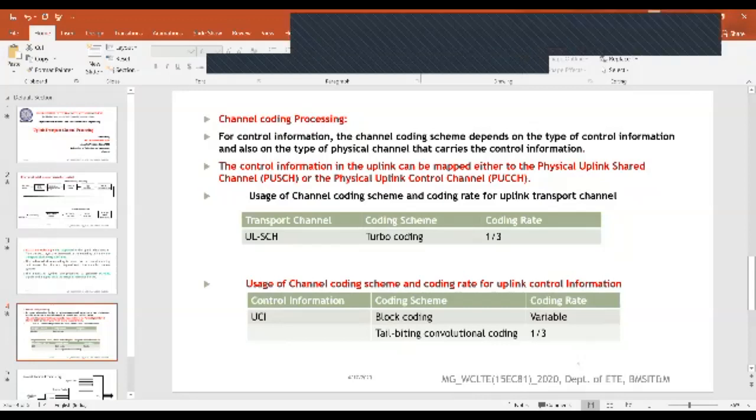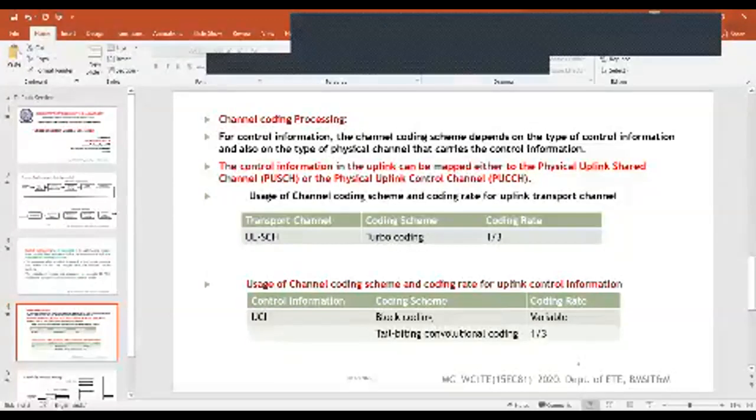Here we use two types of coding schemes. One is block coding, and its coding rate is variable. Another coding scheme used is tail biting convolutional coding, and its coding rate is fixed, which is 1/3. So this is the main difference compared to the downlink transport channel processing.